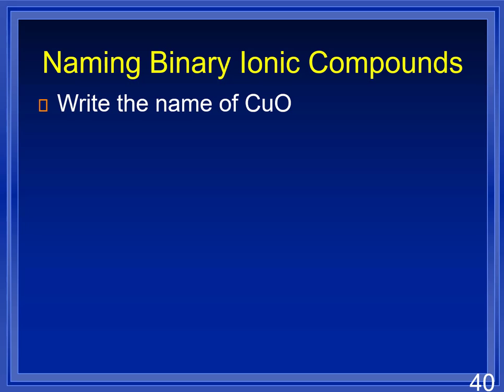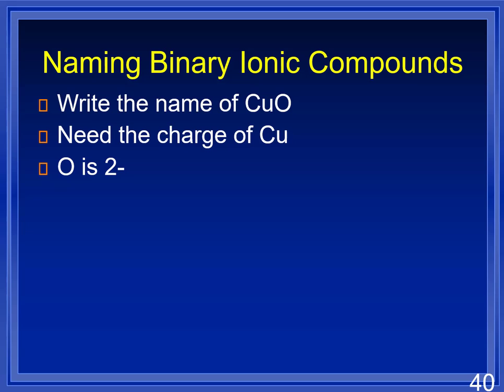Cu is copper. Copper is a transition metal. So I know my first word is going to be copper, but copper needs a Roman numeral. So before I can write that Roman numeral for copper, I've got to figure out what the charge is on copper. Well, I know that O is 2 negative. O always makes a 2 negative. It's in group 6A. The oxygen family always makes 2 negative charges.